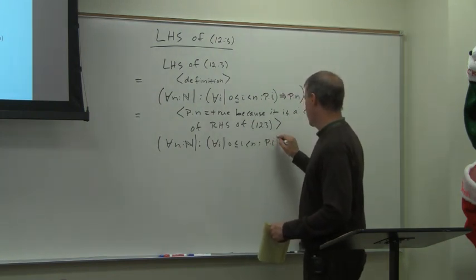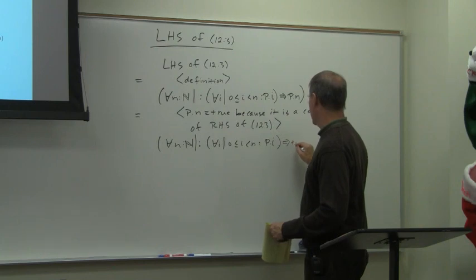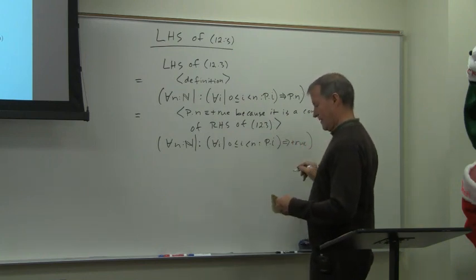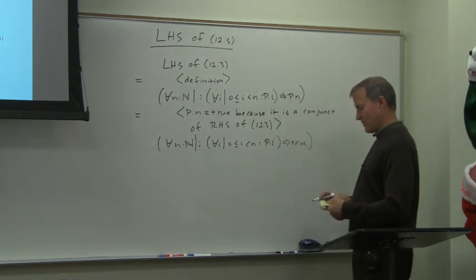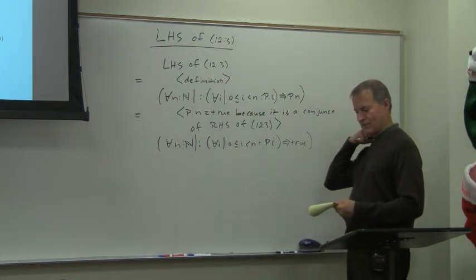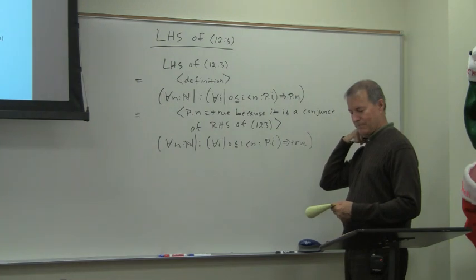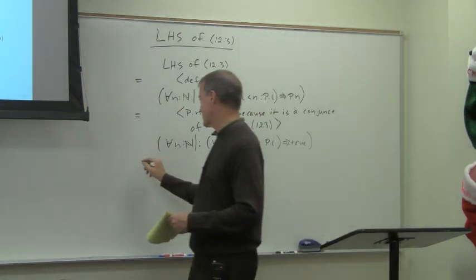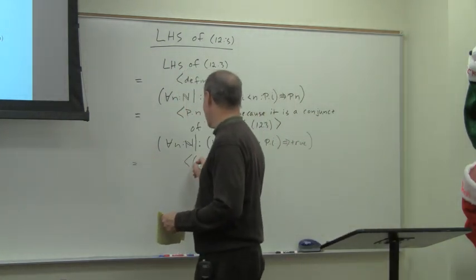Anything that implies true is itself. Yeah, what is that? Implies 0? 3.72. Good call, equals by 3.72.